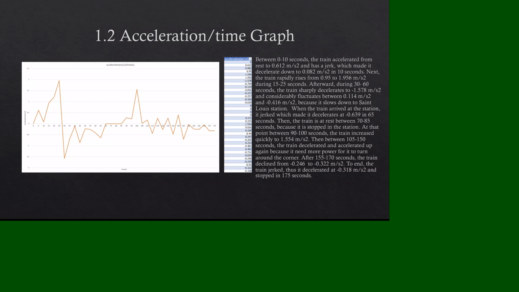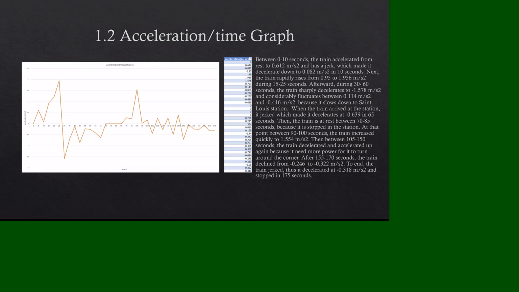And afterwards, during 30 to 60 seconds, the train sharply decelerates to negative 1.578 meters per second squared and considerably fluctuates between around 0.1 meter per second squared and 0.4 meter per second squared.